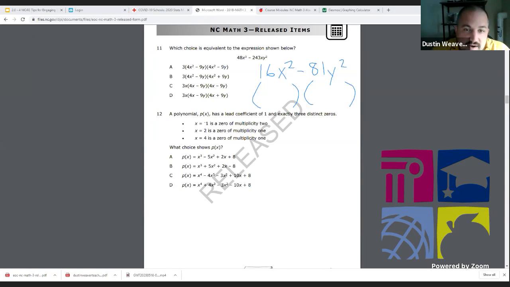Yeah, difference of squares. So we're going to say, what's the square root of 16x squared? That's our first problem. What is the square root of 16x squared? Anybody on here? What's the square root of 16x squared? Good job, Hamilton, 4x. And what's the square root of 81y squared?